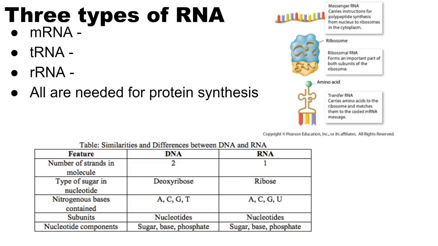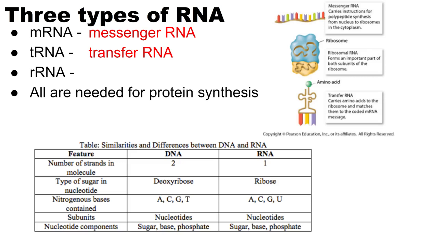So we put a little letter in front of the different types of RNA. Okay. mRNA, that stands for messenger RNA. And we'll talk about what each of these things does in a minute. So mRNA is messenger RNA. Its job is to take a recipe from the DNA in the nucleus and bring it out of the nucleus to a ribosome. We have tRNA. The T stands for transfer.